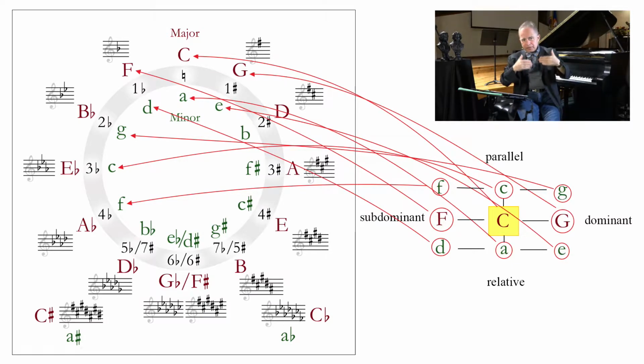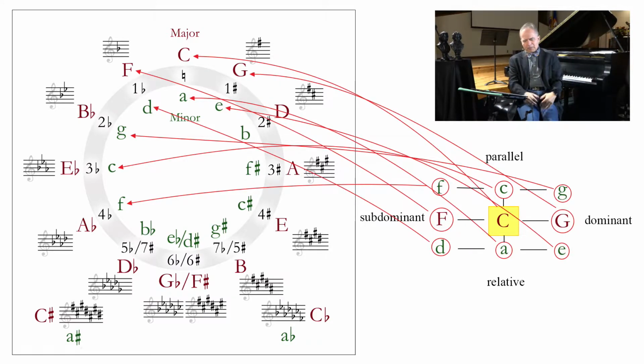Now, each of these 3 keys, your starting key, your dominant key, and the subdominant, each have relative keys, and that's on the lower level. You arrive at those by going down a minor third, remember? So from C to A minor, from G major to E minor, from F major to D minor, okay?